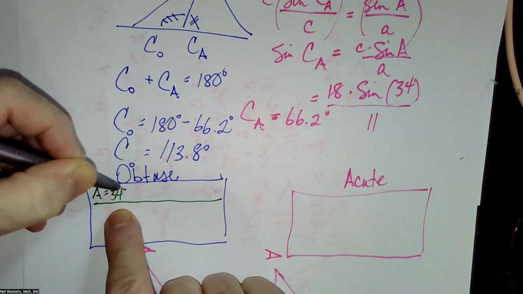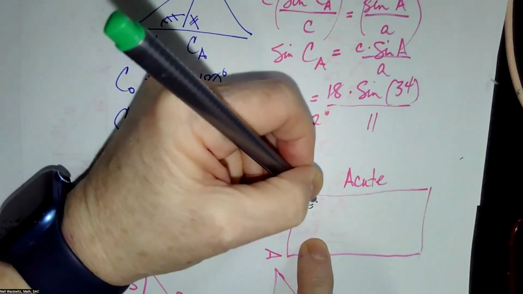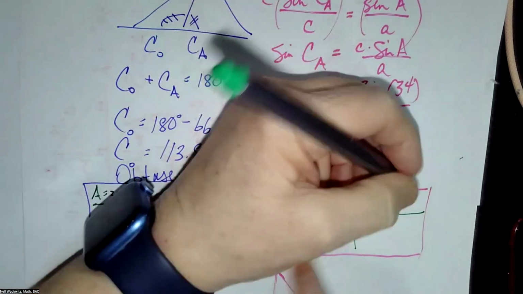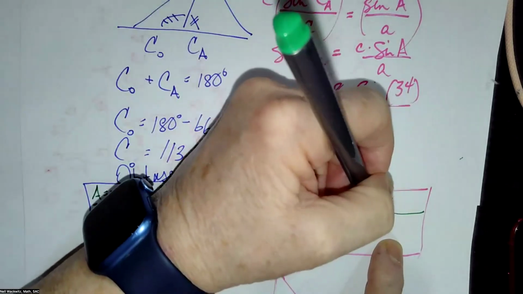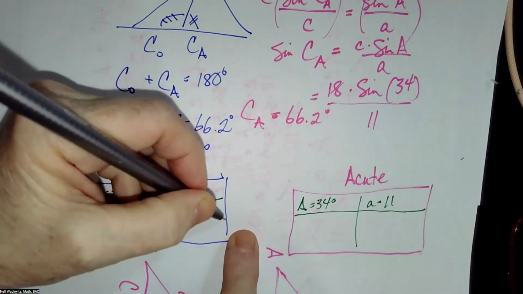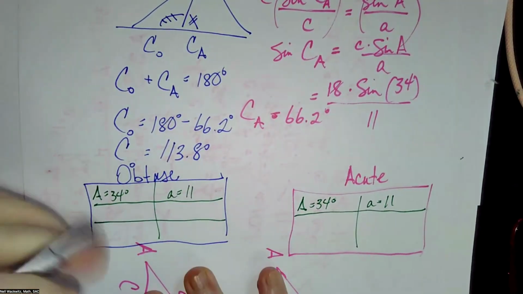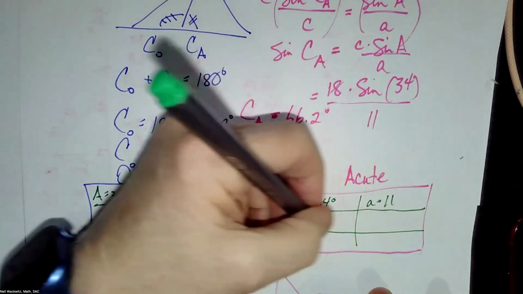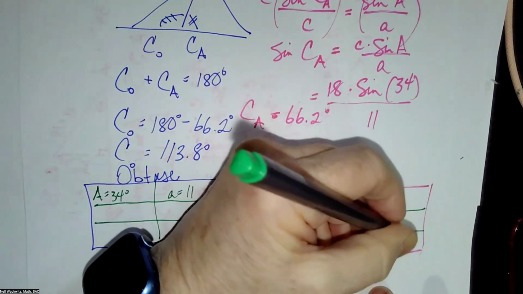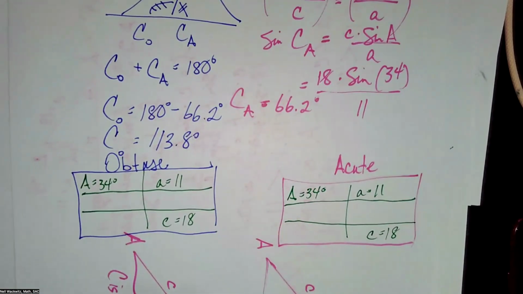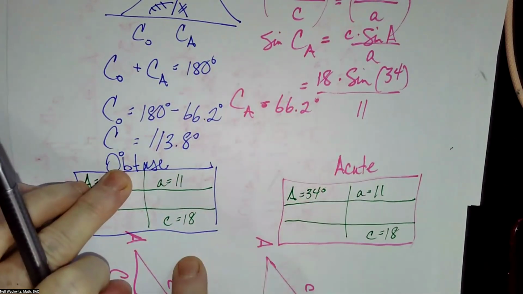A is 34 degrees. That little a is 11. That little c is 18. Everything else is going to be reliant on which C we have.